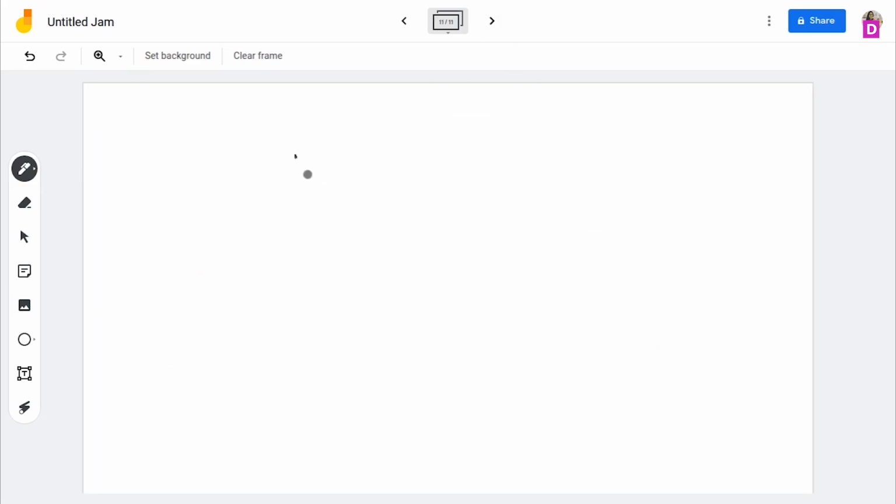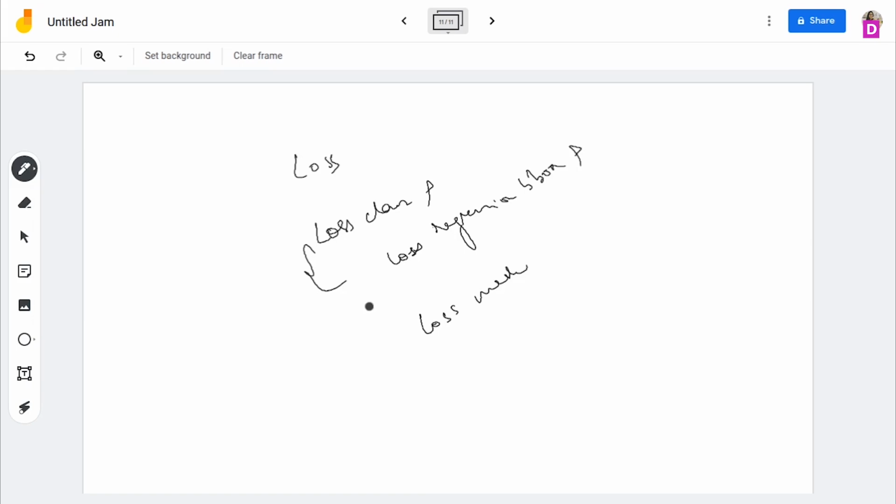Now let us talk about the loss. The loss is not very different. You have the loss of the class plus the loss of your regression, that is the bounding box values, and finally you have the loss of your mask. The first two losses are the same as Faster RCNN. If you do not remember, I would suggest going back to the video where I teach about Faster RCNN and understand these two losses.